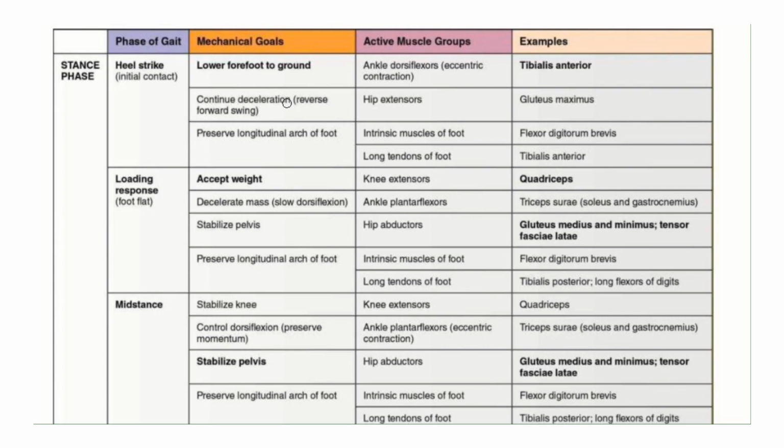As the weight is distributed, the anatomical arches may diminish, or the foot may become flat, or there may be some plantar flexion due to the mechanical weight of the body. To counteract that and to preserve the longitudinal arches of the foot, the intrinsic muscles present in the foot and the long tendons of the foot, the flexor digitorum brevis and the tibialis anterior, will work together to preserve that longitudinal arch.